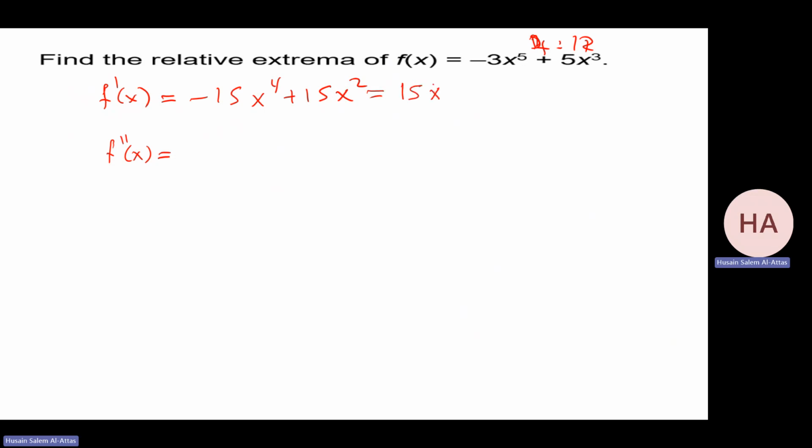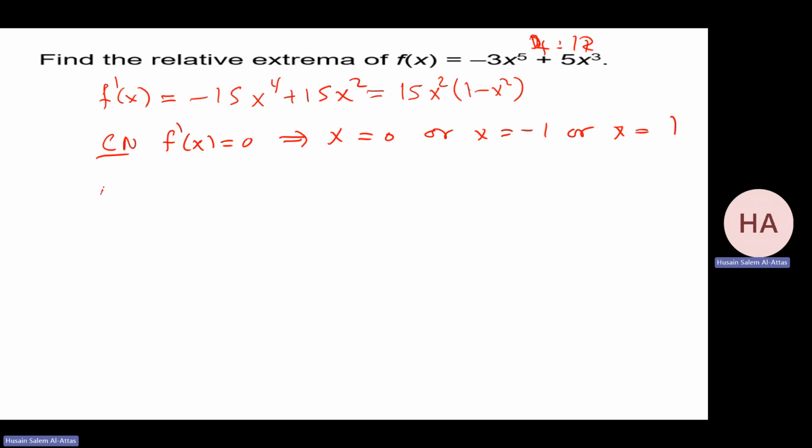I can take 15x squared as a common factor, and I'm getting what? 1 minus x squared. Okay. So critical numbers, it means when f prime is equal to 0, that implies x equals 0 or x equals plus 1 or x equals minus 1.